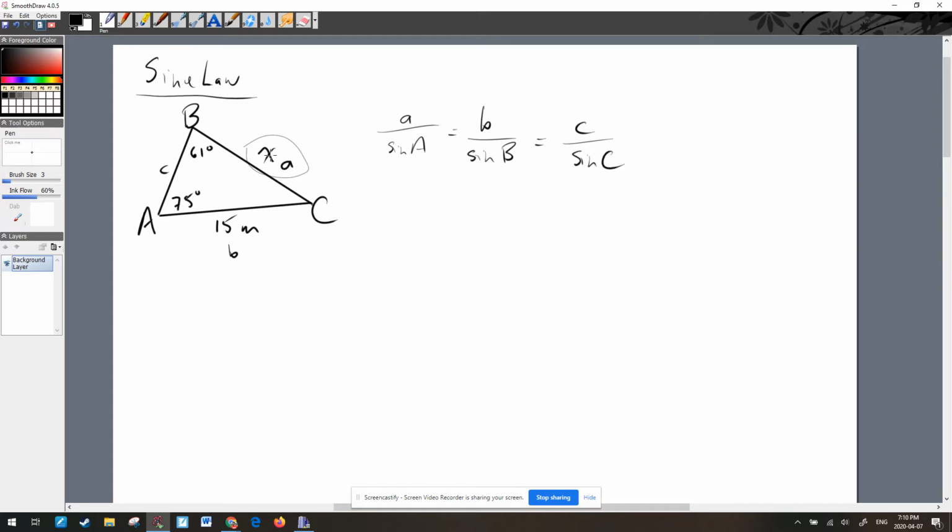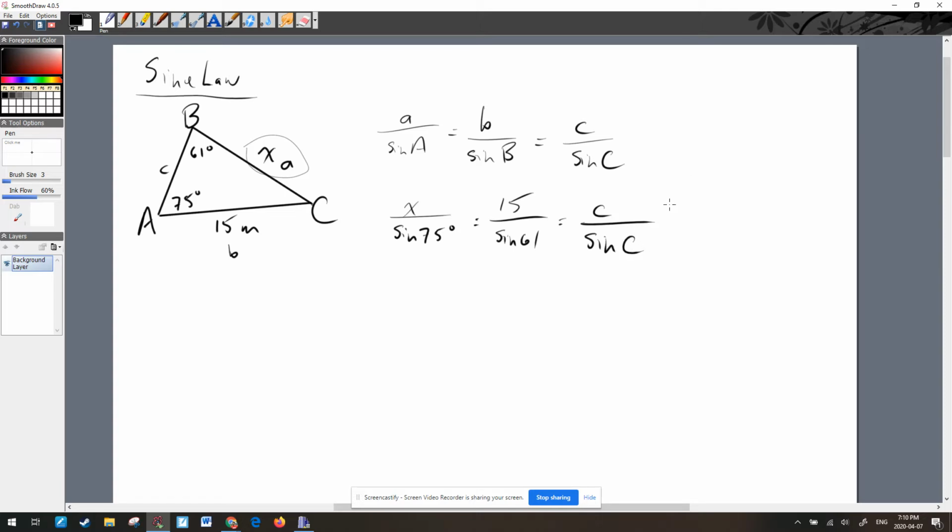So lowercase a is x, so it's going to be x over the sine of 75 degrees, equals b, which is 15, over sine B, which is of course the sine of 61. And then C, nothing going on with C, so I'm going to leave that: sine of uppercase C.